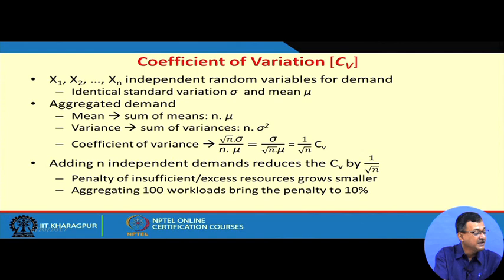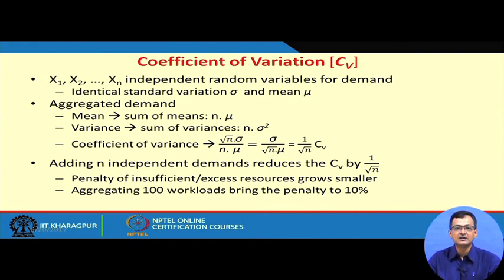So, adding n independent demands reduces CV by 1 by root n. It becomes more smoothed out, so the penalty of insufficient or excess resources goes smaller, right. If it is smooth, then I do not have to keep as many resources at my back end.